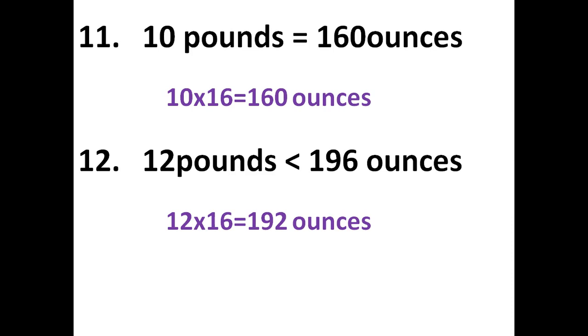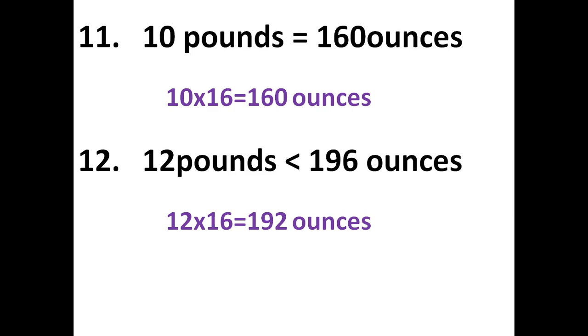Our last number is 12 pounds and 196 ounces. We will convert 12 pounds into ounces because other side is ounces, so we need both the sides the same to compare. That's why we are going to convert pounds into ounces. 12 multiplied by 16. Why? Because 1 pound is equal to 16 ounces.